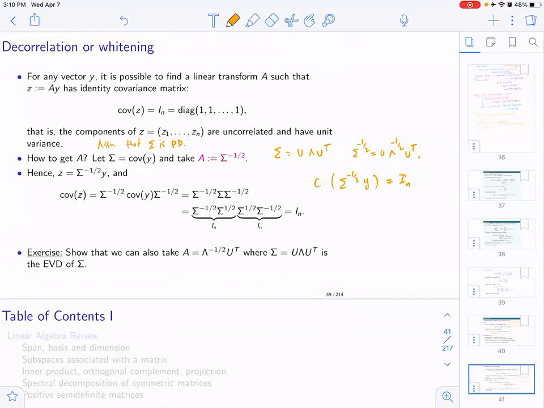And covariance being identity is nice because it means that all the coordinates of the new vector are pairwise uncorrelated. So the variances are all 1, and there's no correlation between the entries. So that's why this is called decorrelation. Okay, why this is true, I encourage you to go through this. First, you can try to show it yourself.